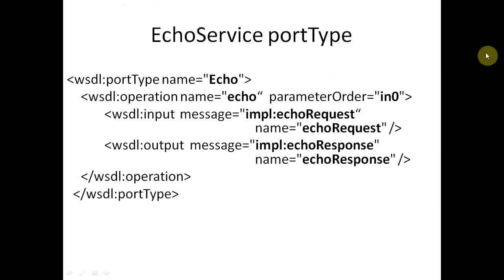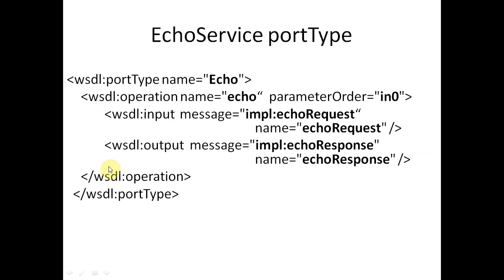This is the WSDL code. WSDL port type name Echo, WSDL operation type name Echo. Suppose this is the name we have defined here. The parameter we will write here. Input message Echo Request, name Echo Request, and WSDL output message accordingly Echo Response, name Echo Response. Accordingly we will mention it here.